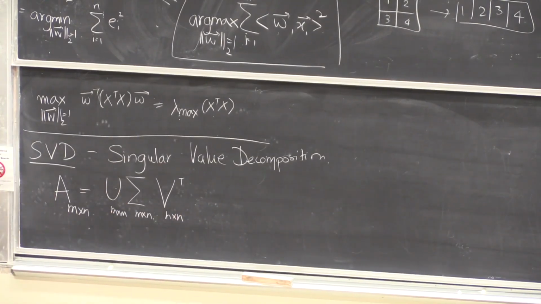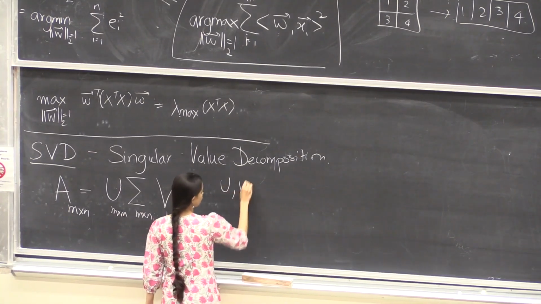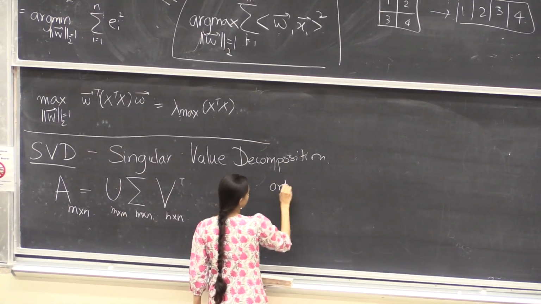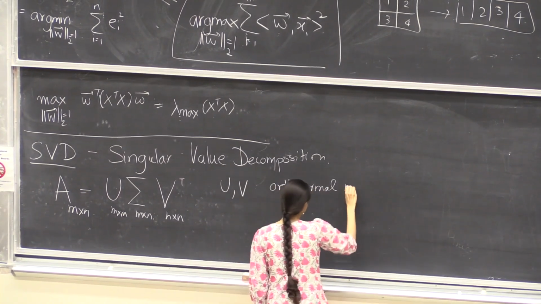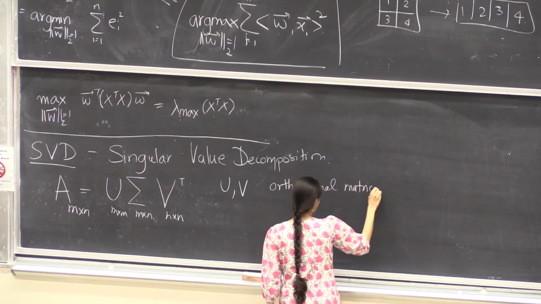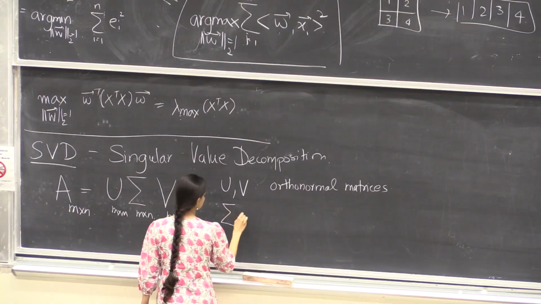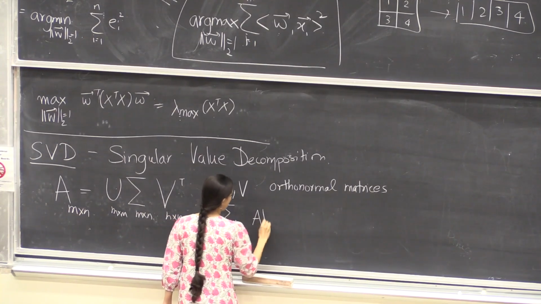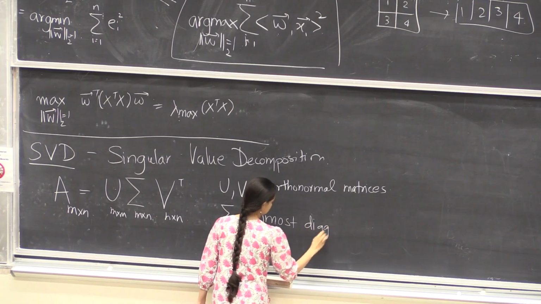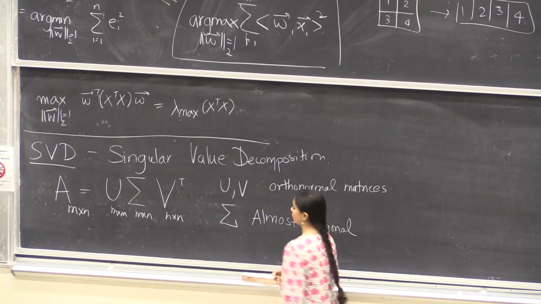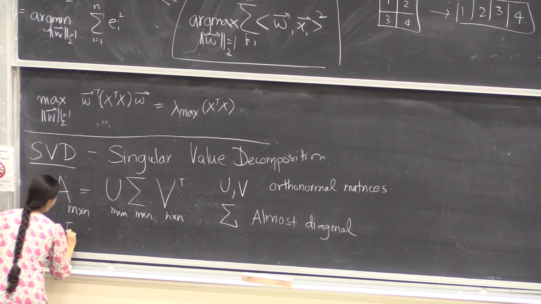Okay? And this decomposition has some special properties. In particular, U and V are orthonormal matrices, and sigma is almost diagonal. This representation that I've written is what is called the full SVD.